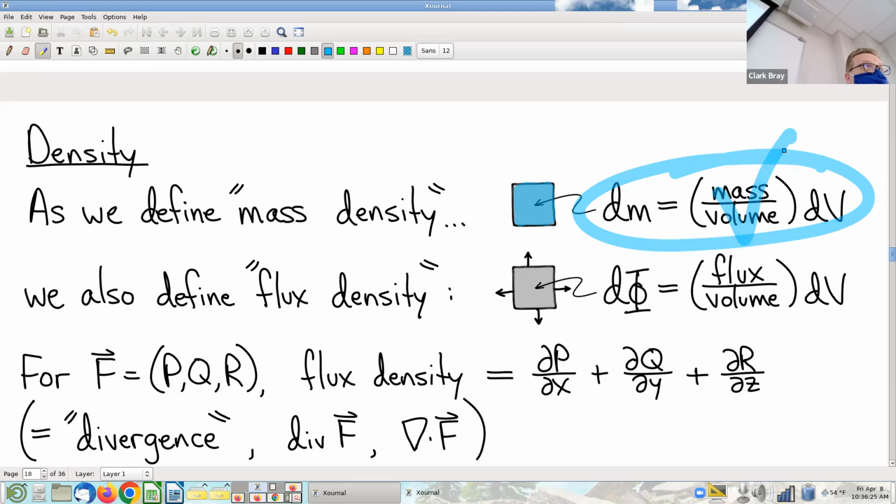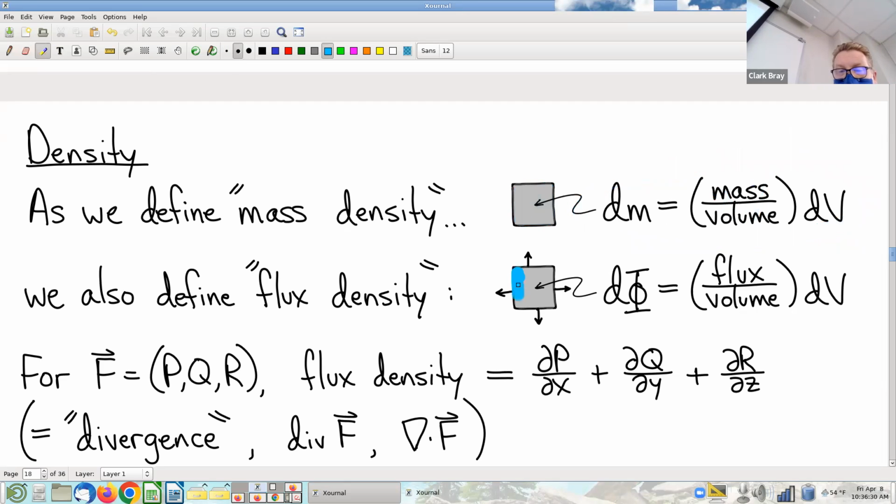Density just being stuff per unit size. Well, likewise, I can talk about how much flux there is in a little box. And I can think of that flux as relating to volume and therefore have a corresponding notion of density. It's flux per unit volume instead of mass per unit volume, appropriate to the fact that we're talking about flux accumulating instead of mass accumulating. It's the same basic idea. Is that cool?